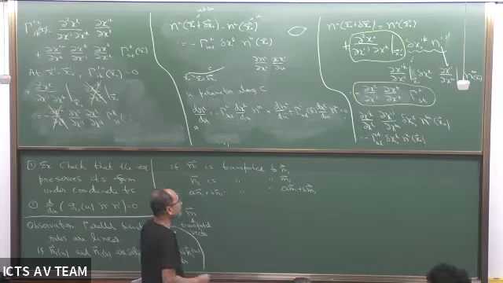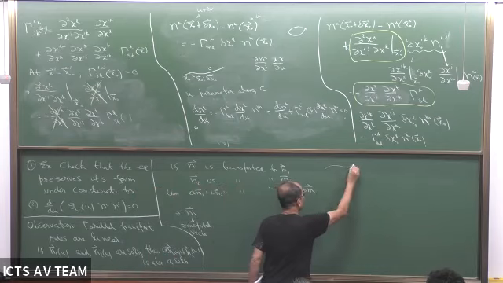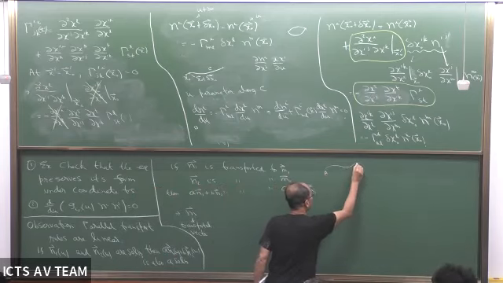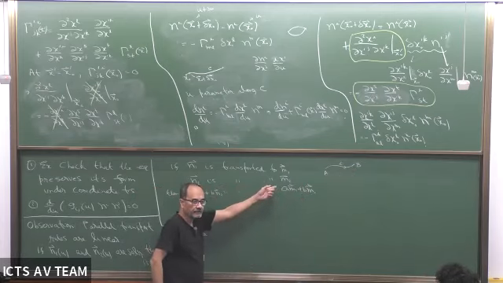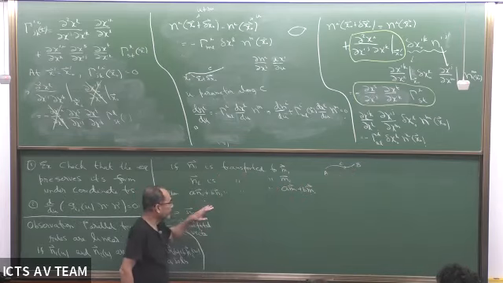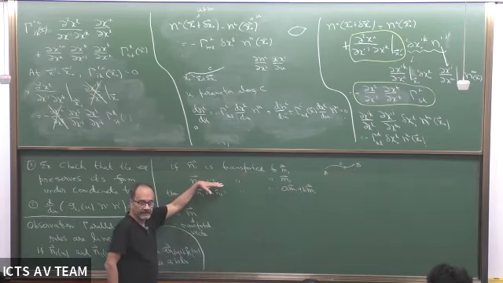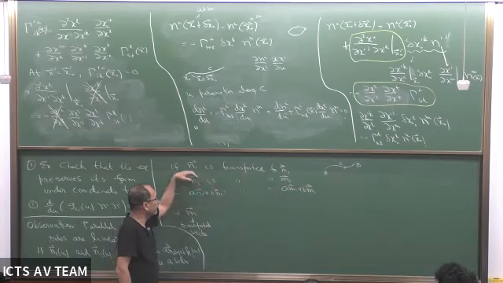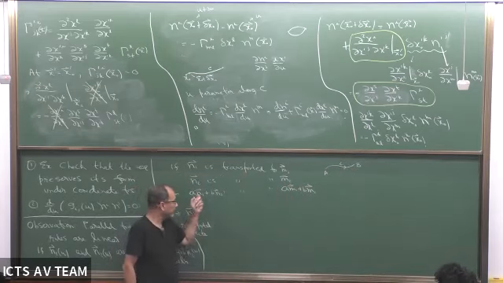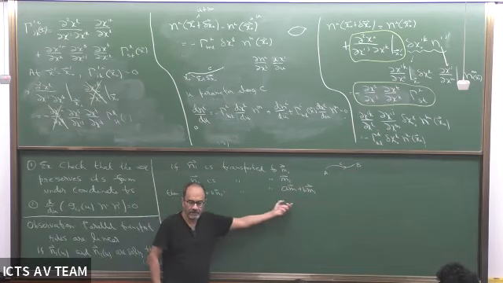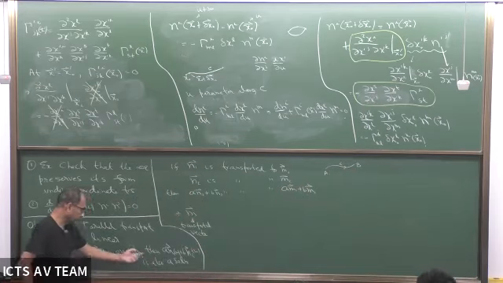Yes, the coefficients are exactly the same, A and B, because the rules are linear. If you start with N1 which transports to M1 and N2 that transports to M2, then A N1 plus B N2 will be transported to this as a consequence.